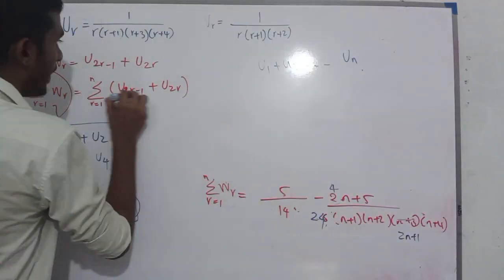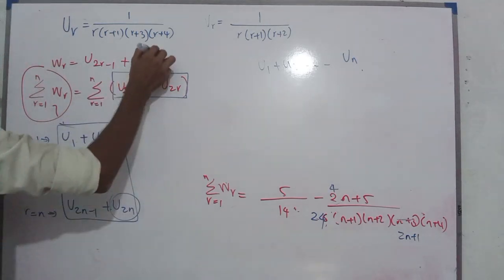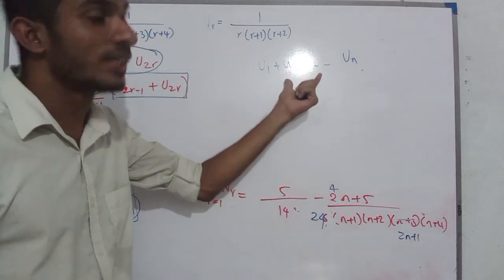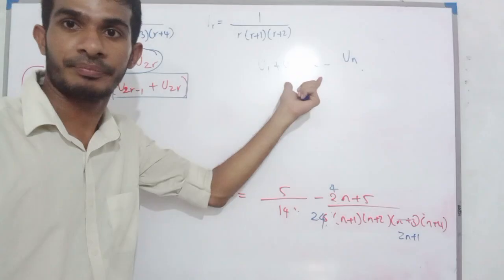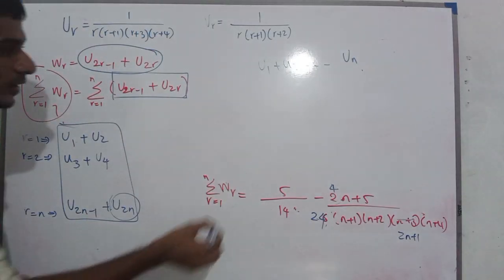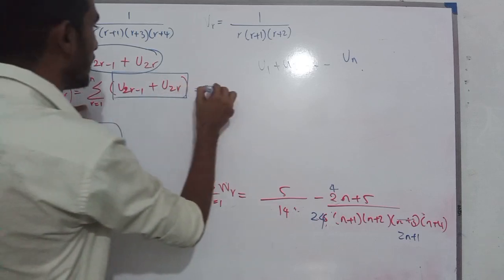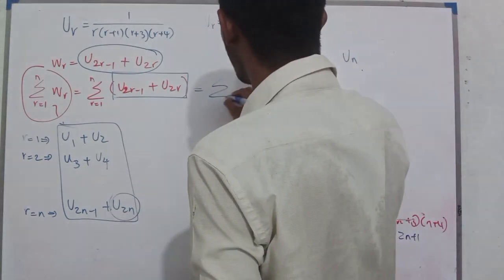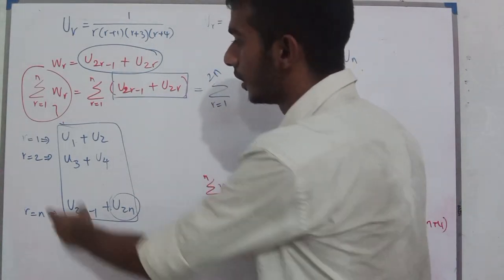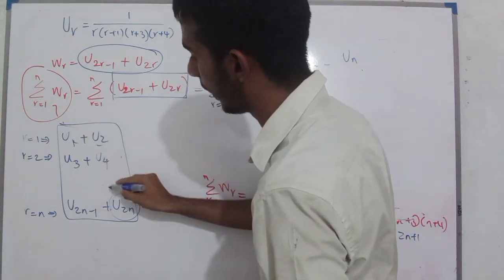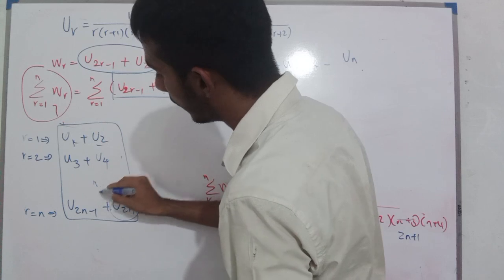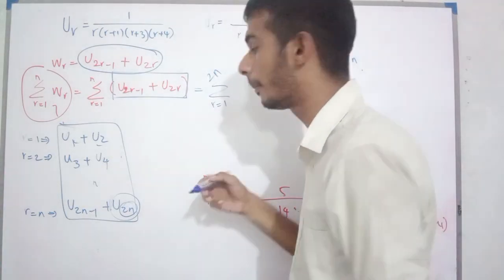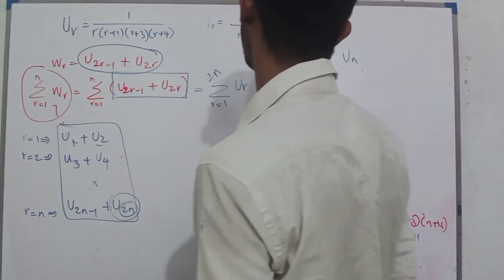So this expression has transformed the series to 2n. After summing this expression, we get the summation r equal to 1 to 2n, so if I substitute, I get 1, 2, 3, 4, 5 up to n, then 2n minus 1, u_2n. So the number of terms are double, the summation of u_r up to 2n.